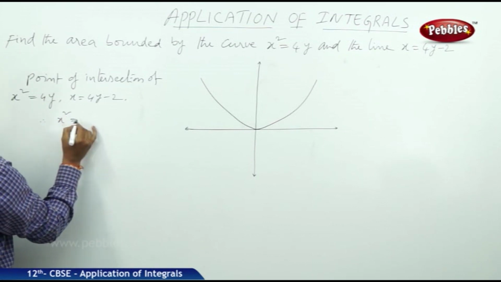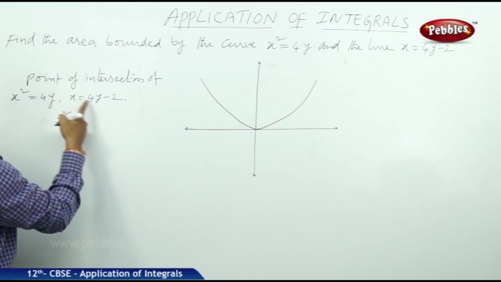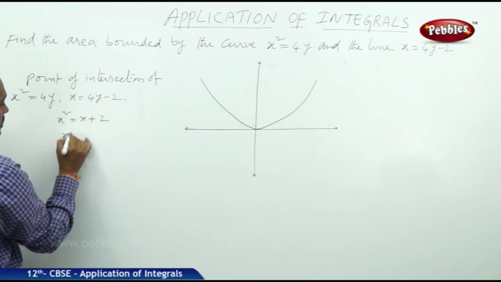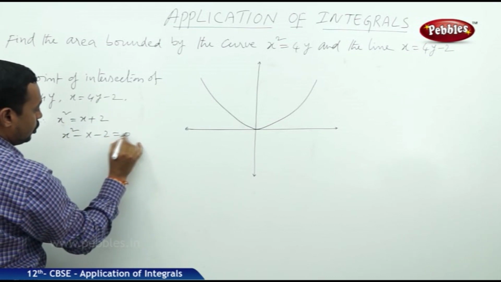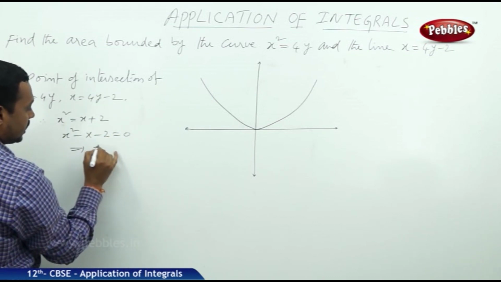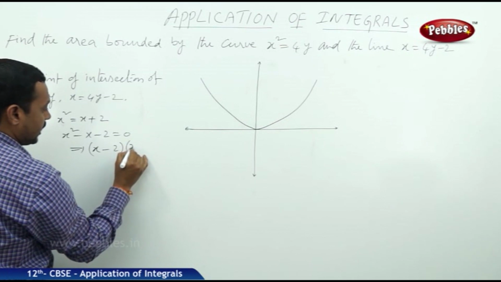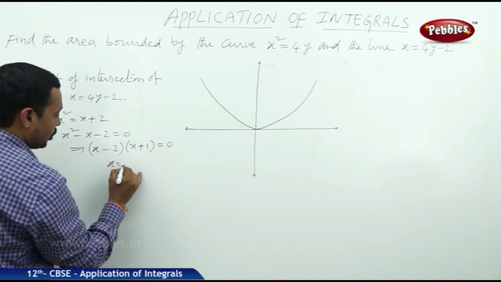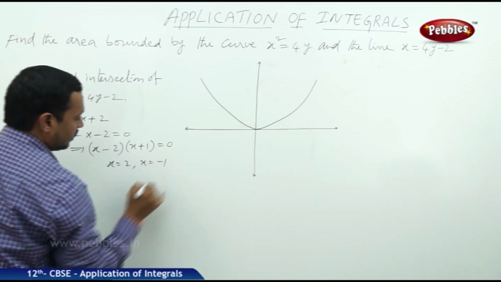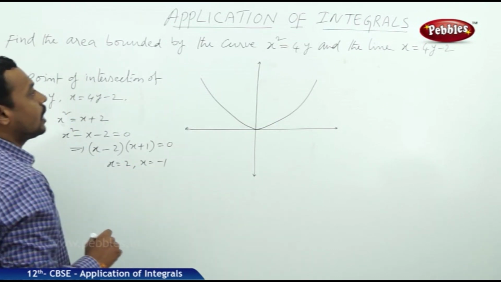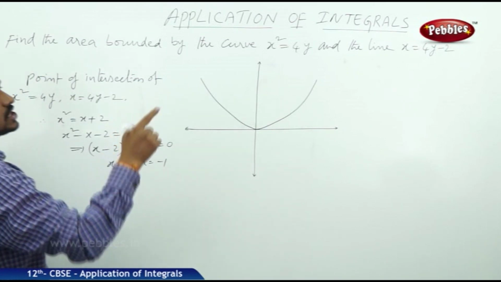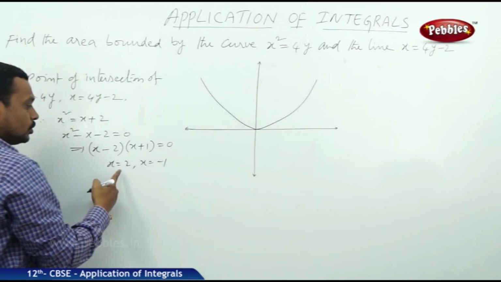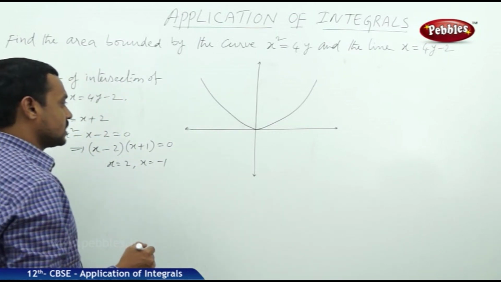Therefore, x square is equal to, we can replace this 4y by x plus 2. Now, x square minus x minus 2 is equal to 0. So, here the factors are x minus 2 into x plus 1 is equal to 0. Therefore, x is equal to either 2 or minus 1. That means the straight line x is equal to 4y minus 2 intersects the curve at two distinct points whose abscissas are 2 and minus 1.